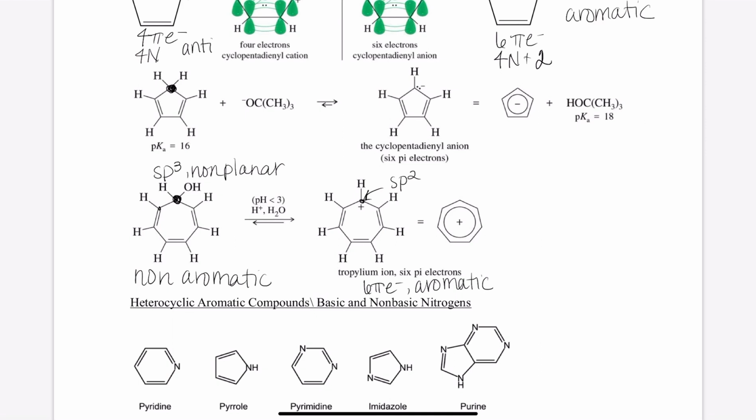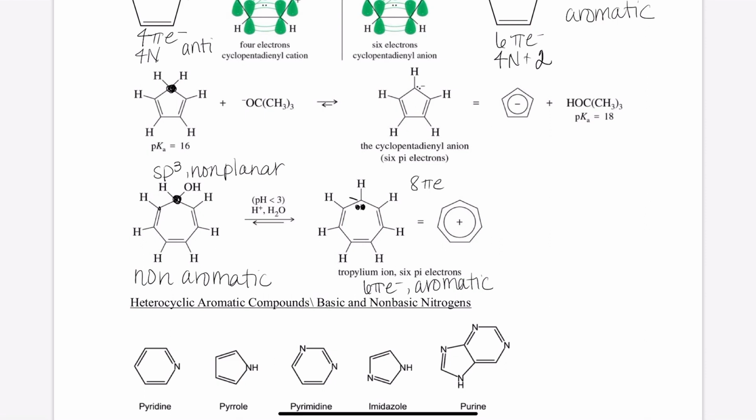However, if we were to have an anion instead of a carbocation, and we count our pi electrons, making sure to count this lone pair right here because it will be in a p orbital and therefore contributes to the ring, we will now have 2, 4, 6, 8 pi electrons for our carbanion.